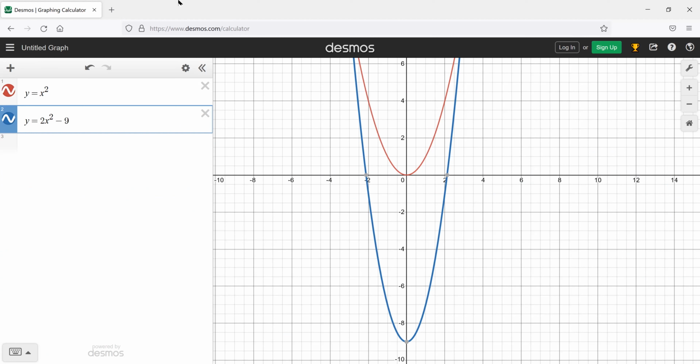All right. Okay, so there's 2 transformations here, and the first one is a vertical stretch by a factor of 2. The next one, and I'm writing this down, and I'll show you in a moment. What does this -9 do? What do you see from the red to the blue?